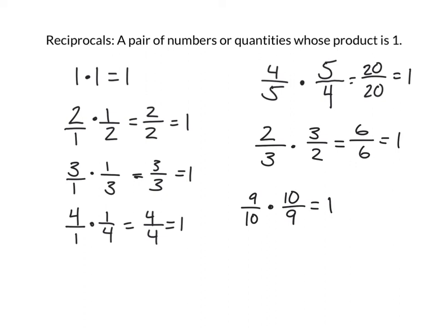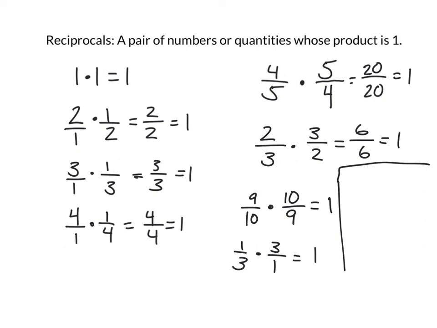If we have 1/3, the reciprocal is 3 over 1, or just 3. We don't need that over 1 necessarily, which is equal to 1. So if we have a fraction, we just flip it over to get the reciprocal.